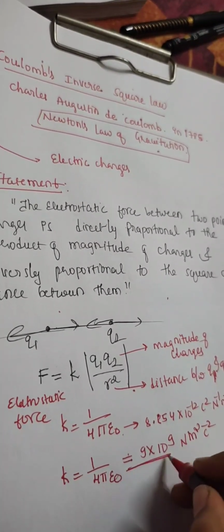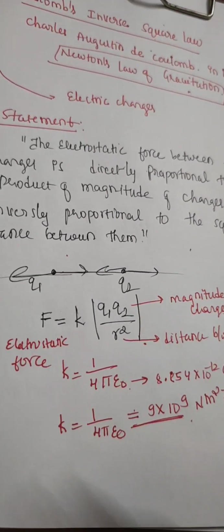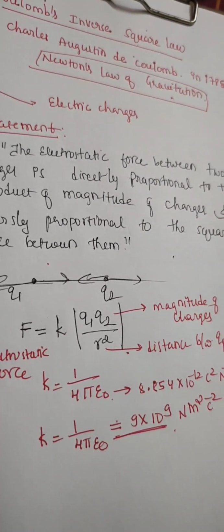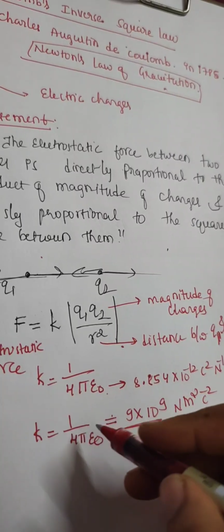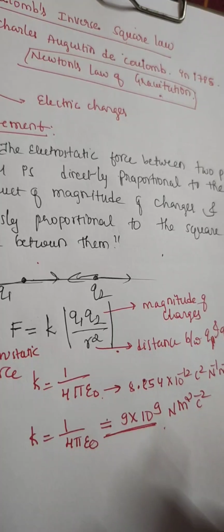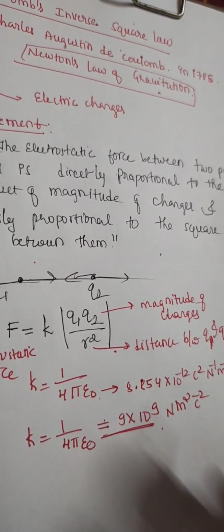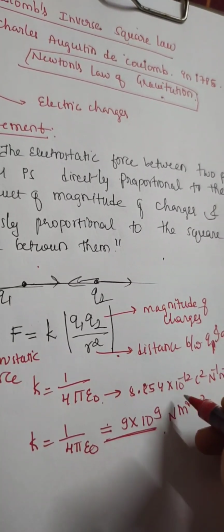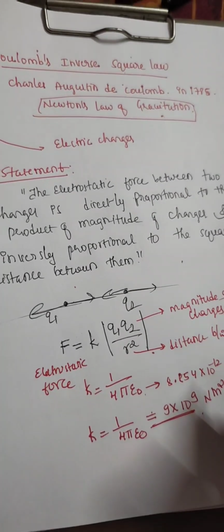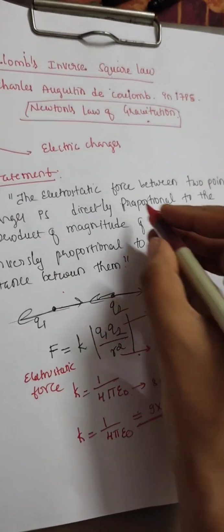This is important for problem solving in electric charges and electric fields, so you can directly substitute K as 9 times 10 to the power 9 newton meter squared per coulomb squared. This value is in vacuum. This is about Coulomb's inverse square law. It is very easy and very important for the 2 marks.